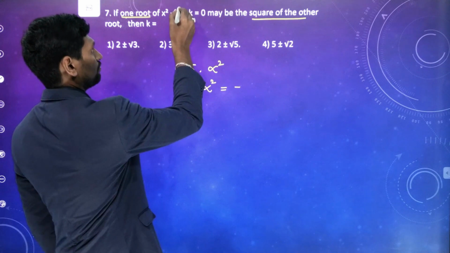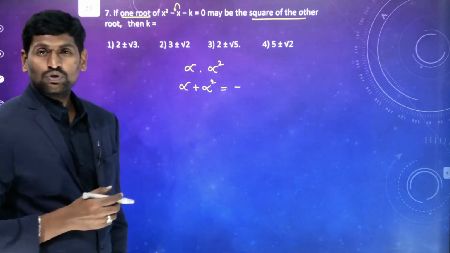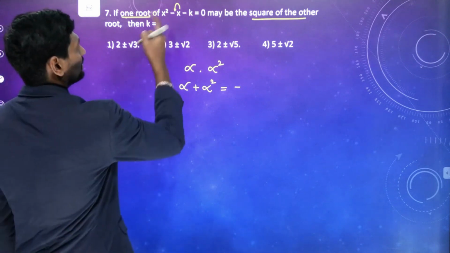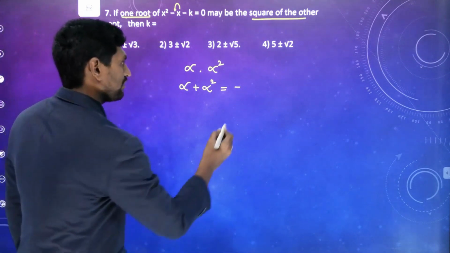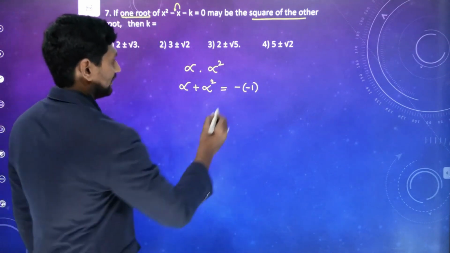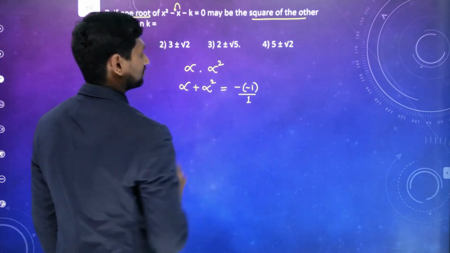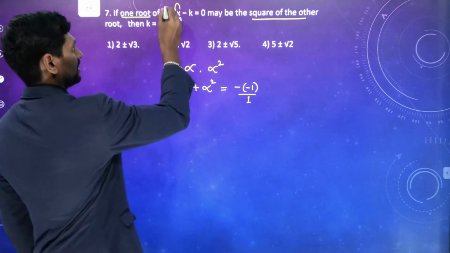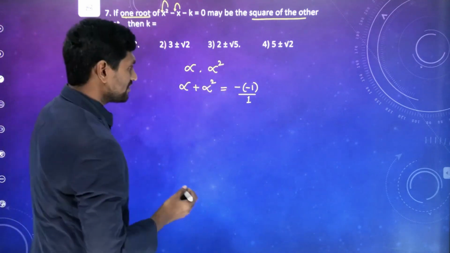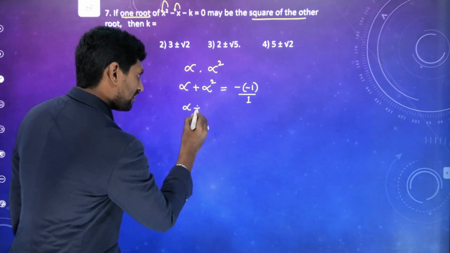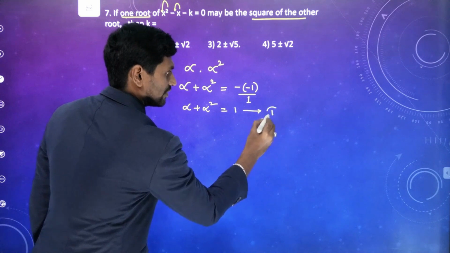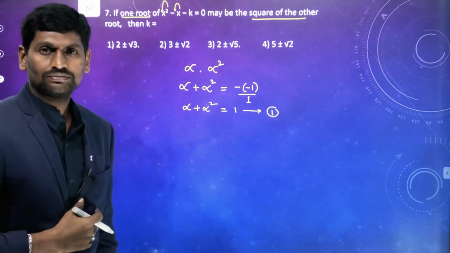Before x there is no number, that means it is 1, with the negative symbol, so the b value is minus 1. So minus b by a, and the a value is 1, the x square coefficient here. So minus of minus becomes plus. We can write alpha plus alpha square equals 1. Take this as equation 1.